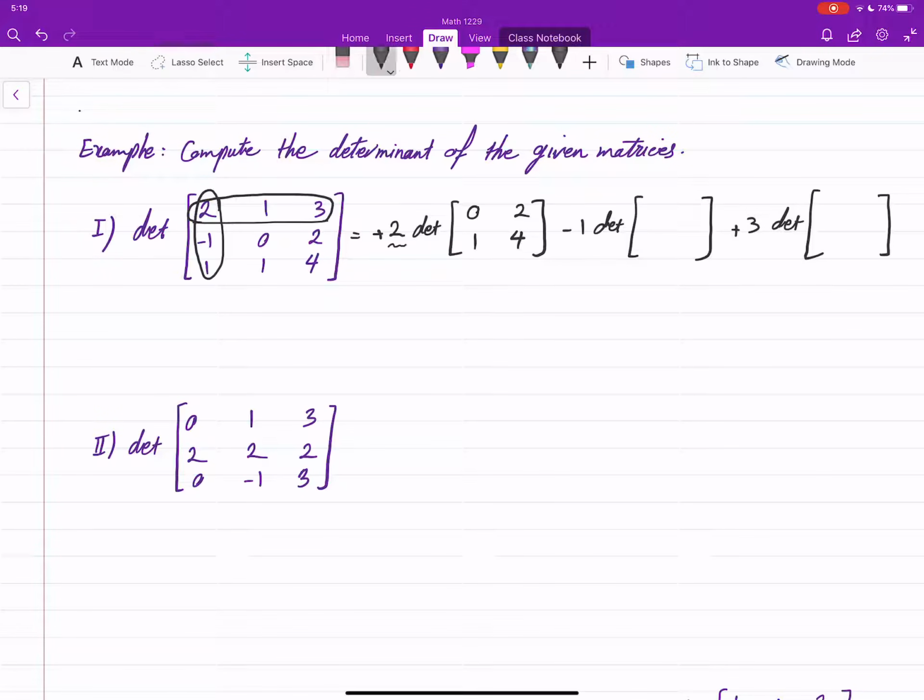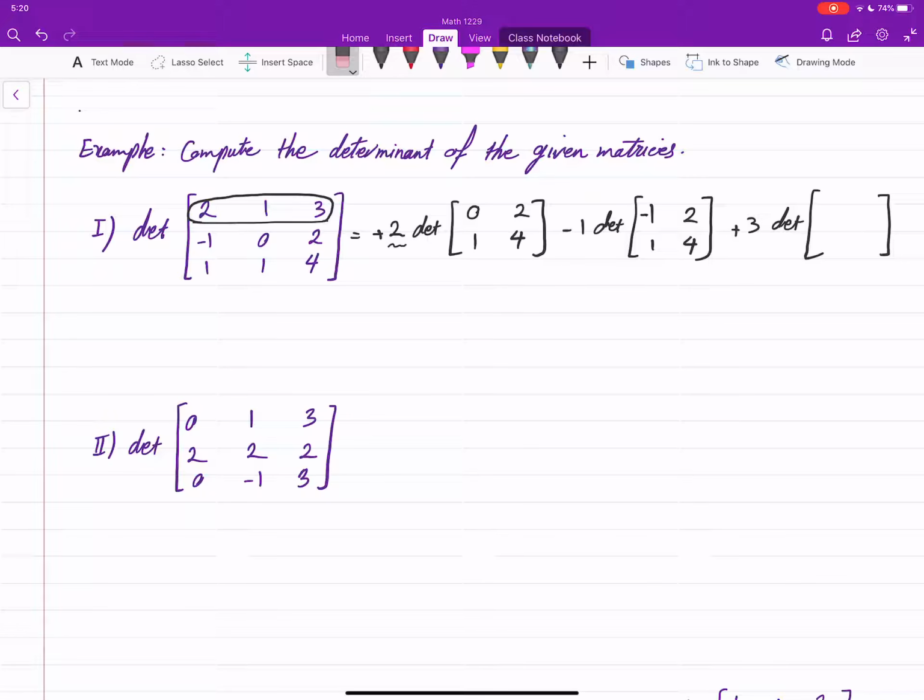Then the second entry of row 1, so you cover row 1 and column 2. The remaining, you see here, 1, -1, 1, 4. And we are going to find the determinant of that guy and then multiply by negative 1.